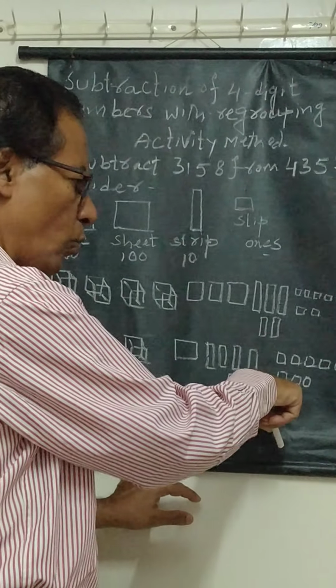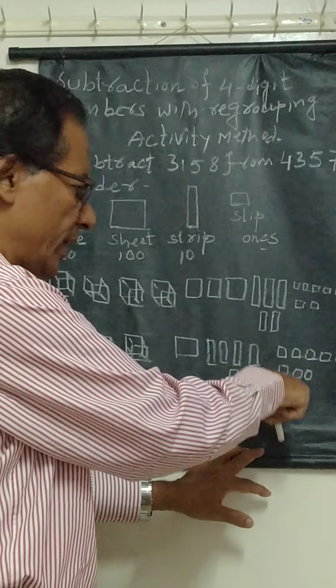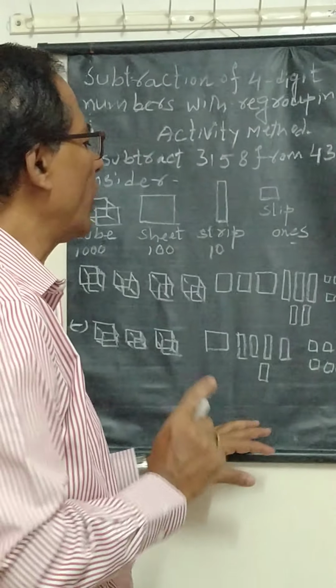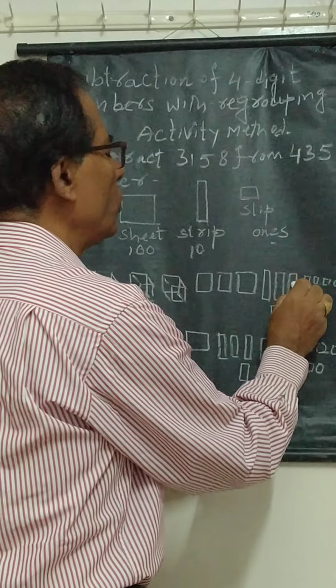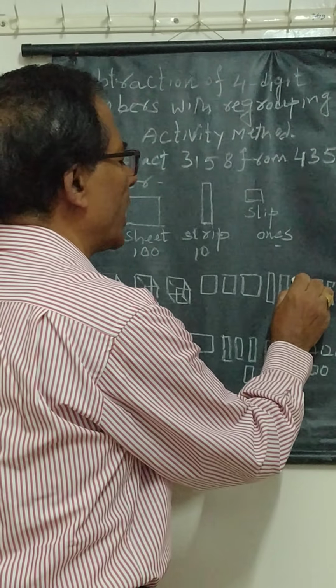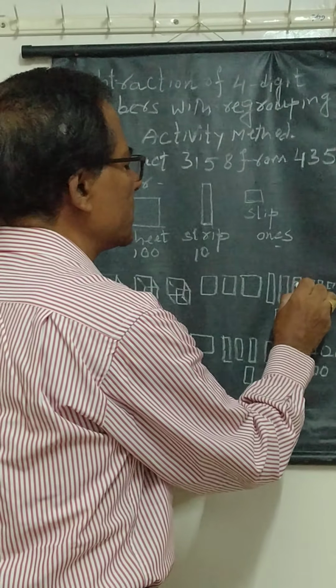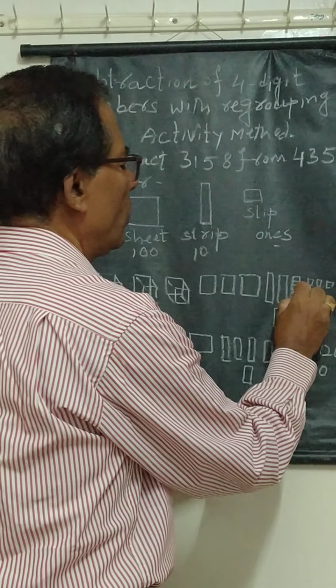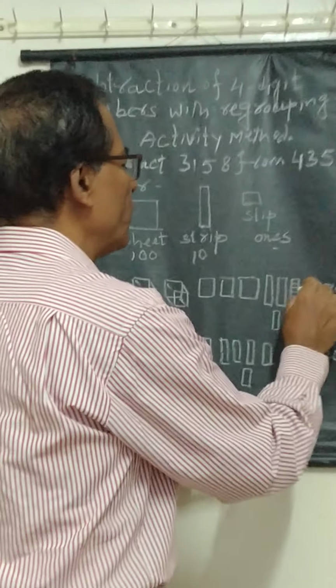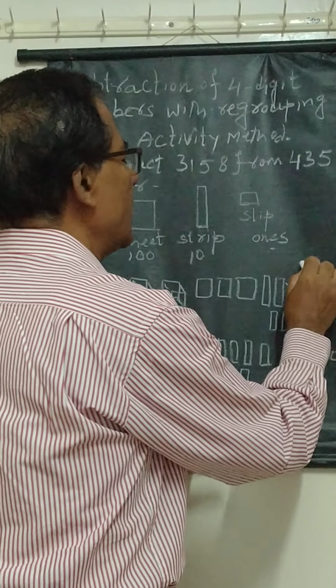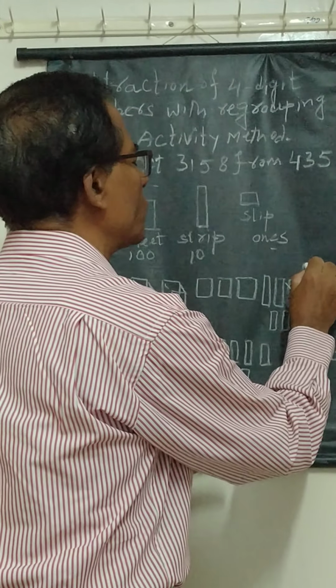From 7 slips we cannot take 8 slips, right? So what to do now? You have to borrow 1 strip from here, and 1 strip stands for 10 ones. So if you take 1 strip and cut it, 10 slips will come.